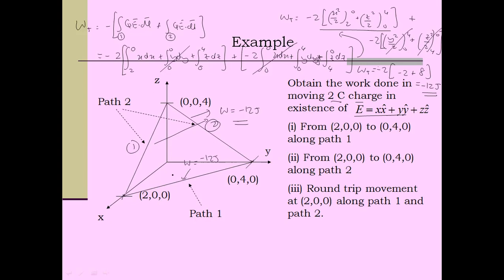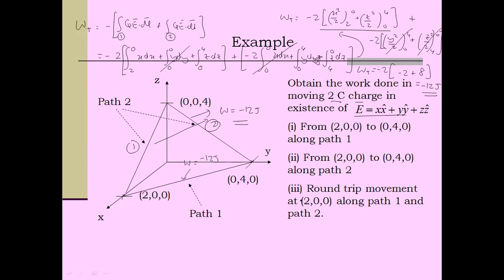exercise. So from the first and second questions just now, we have proved that the work is not dependent on the path taken. It just depends on the initial point and the end point.